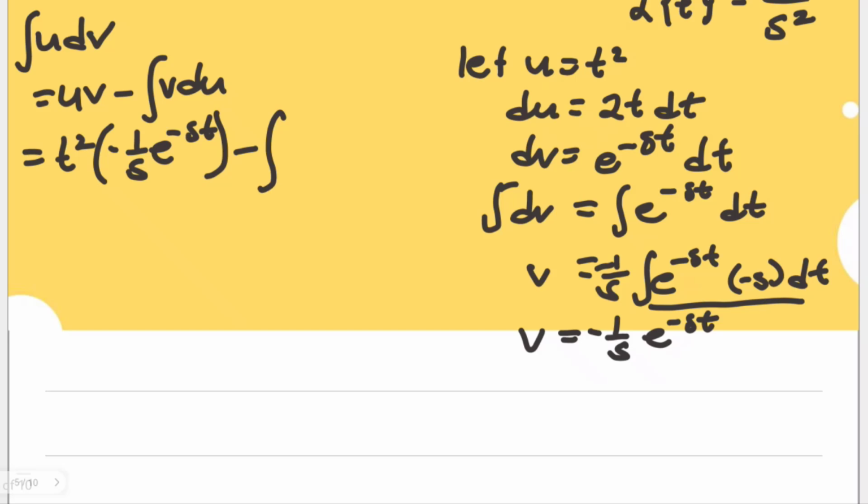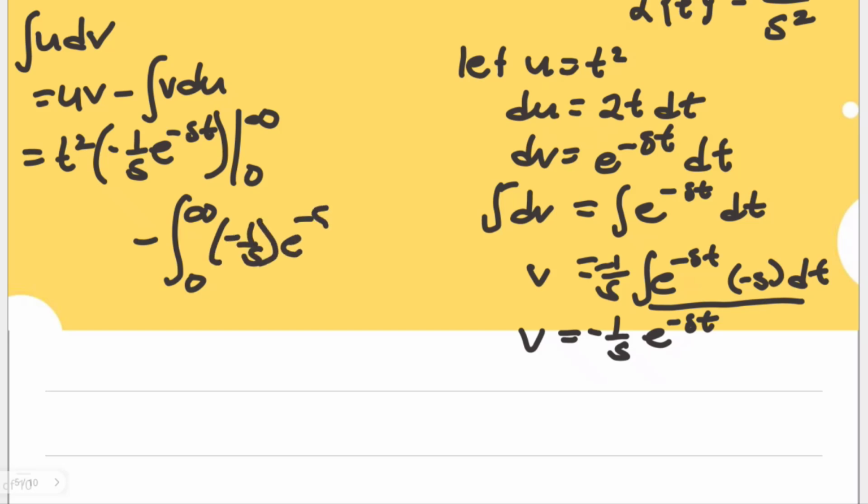By the way, this is also integrated from 0 to infinity. Minus the integral from 0 to infinity of v du. Your v is negative 1 over s, e to the power of negative st, and then your du is twice t dt. Take note, we have twice t dt here. Now look into the first term.